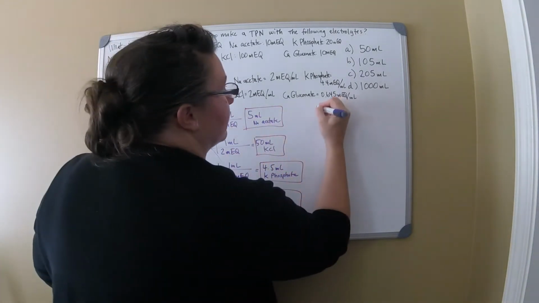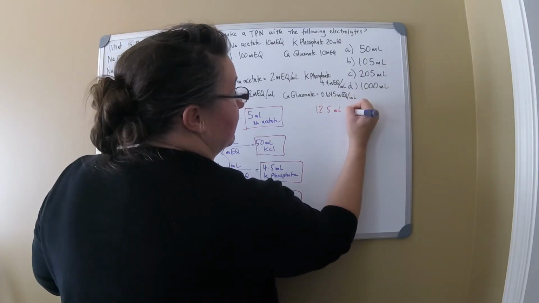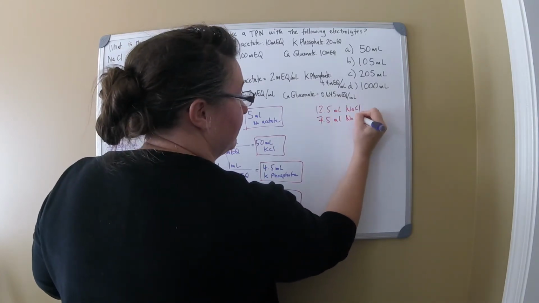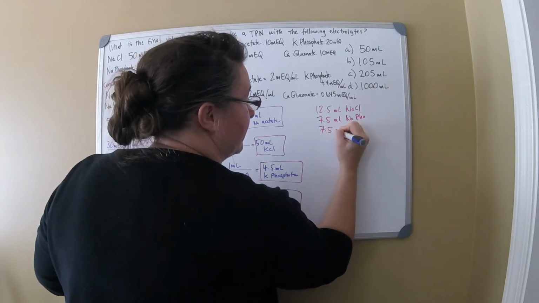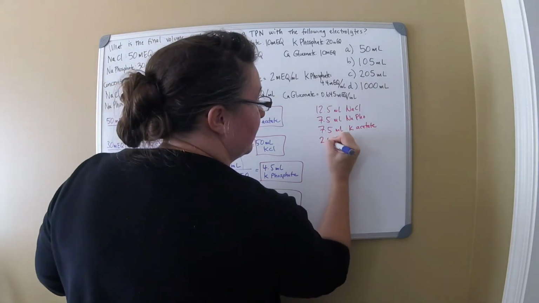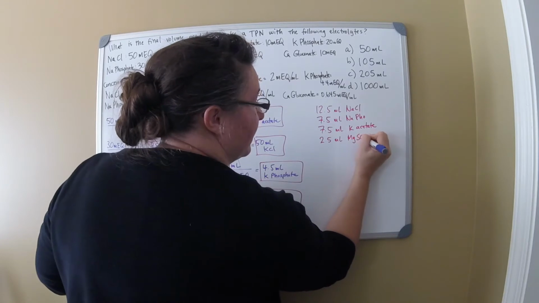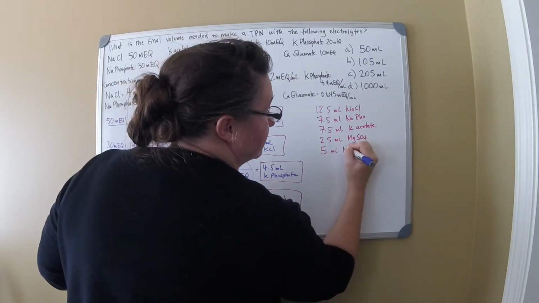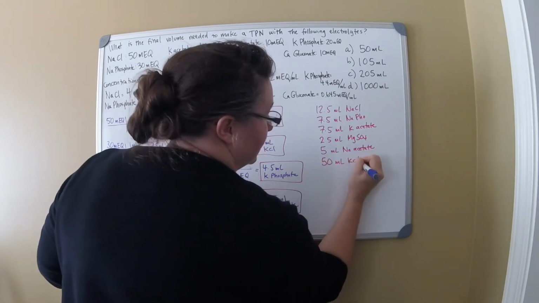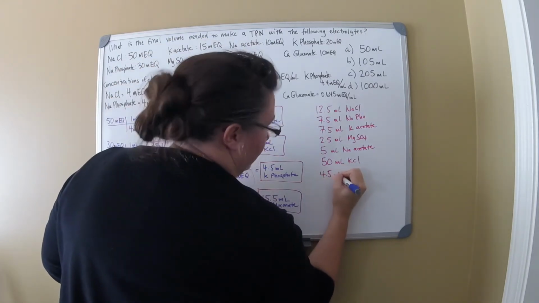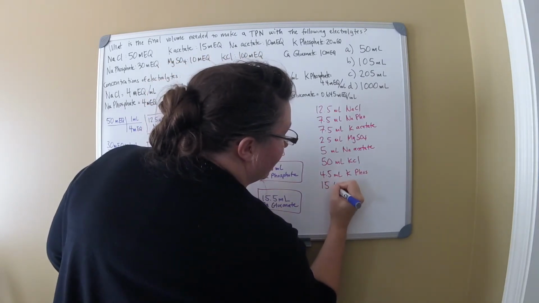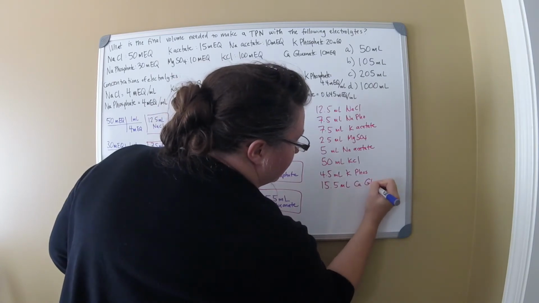All right, so we're going to do 12.5 mL of sodium chloride, 7.5 mL of sodium phosphate, 7.5 mL of potassium acetate, 2.5 mL of magnesium sulfate, 5 mL sodium acetate, 50 mL potassium chloride, 4.5 mL of potassium phosphate, and 15.5 mL of calcium gluconate.